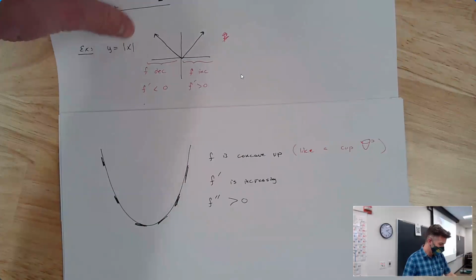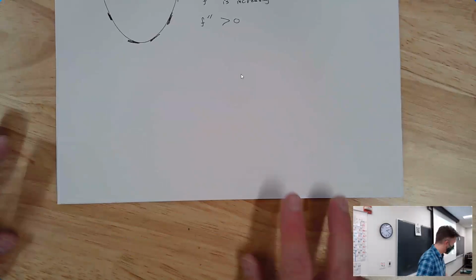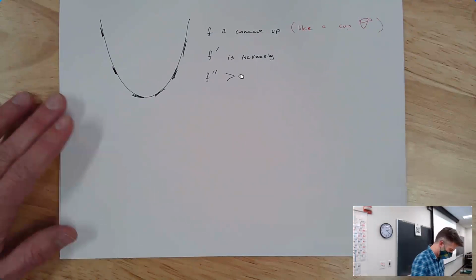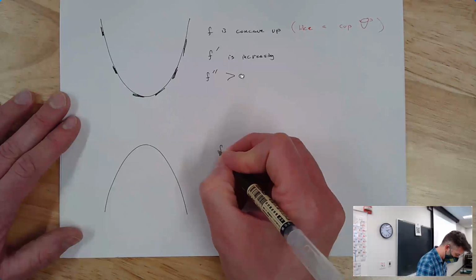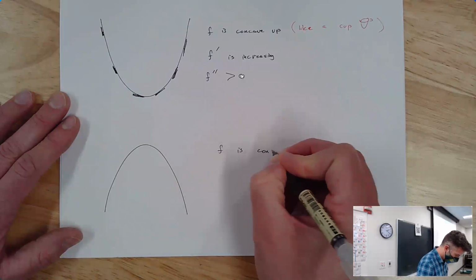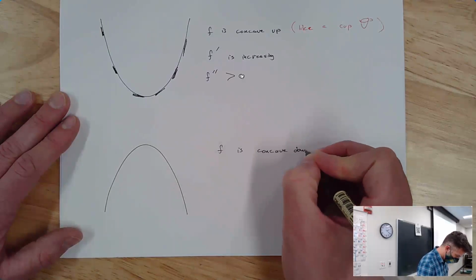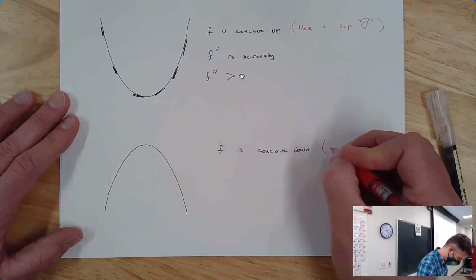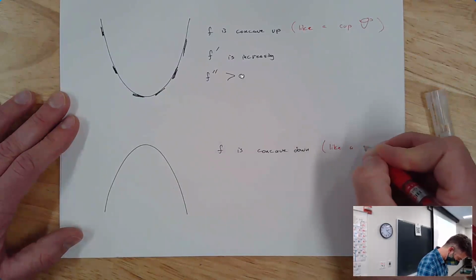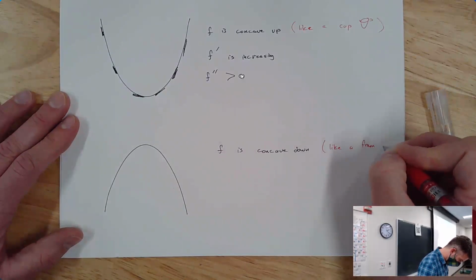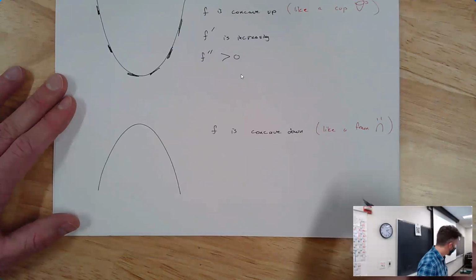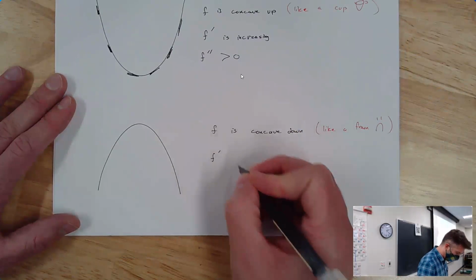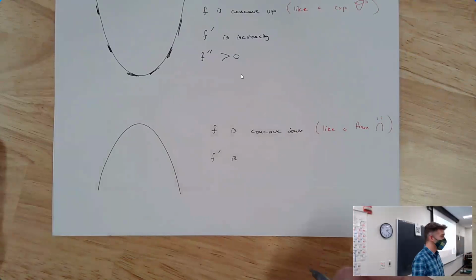Then we can say the same sort of thing if we flip it over. This function is definitely concave down, like a frown. Here, the first derivative is decreasing.